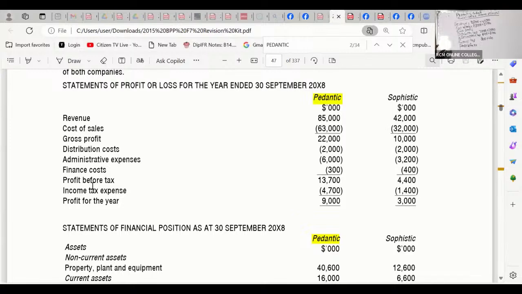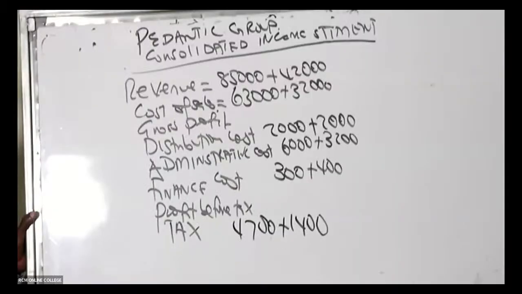We have tax, we have taxation. So taxation, ladies and gentlemen, is 4,700 and then 1,400. So we have here 47, you copy, plus 14 and do like that.